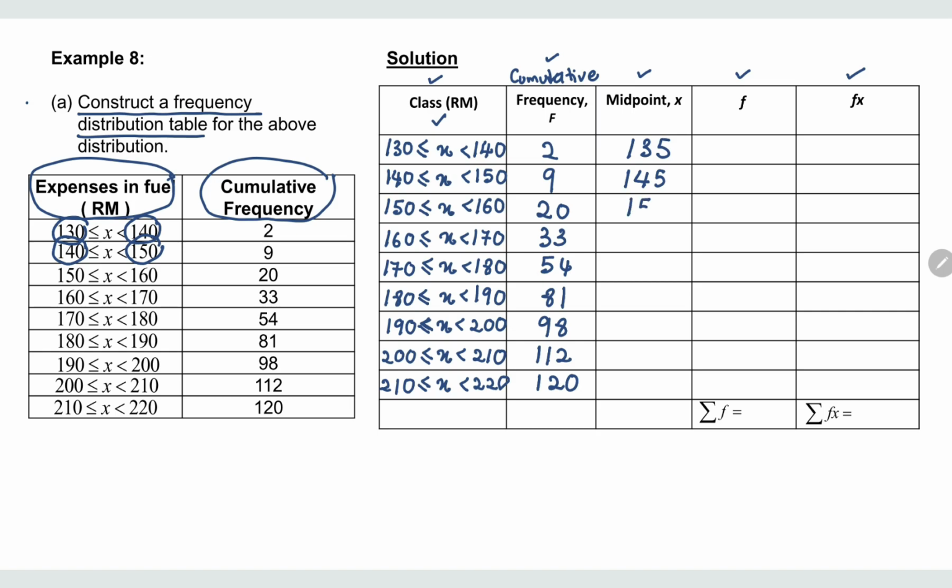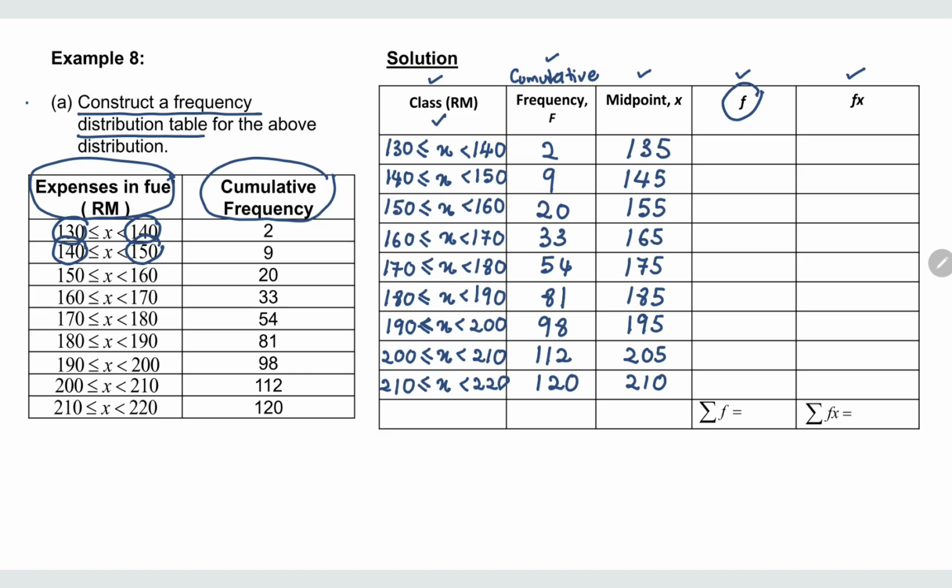We will get 155, 165, 175, 185, 195, 205, and for the last class the midpoint is 215.